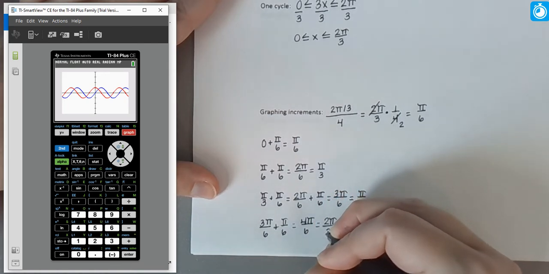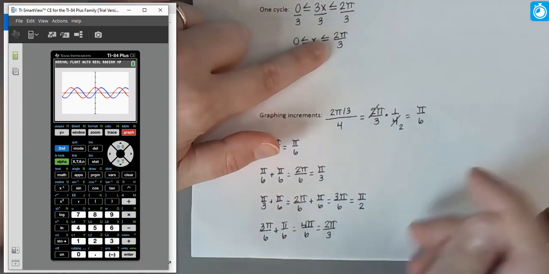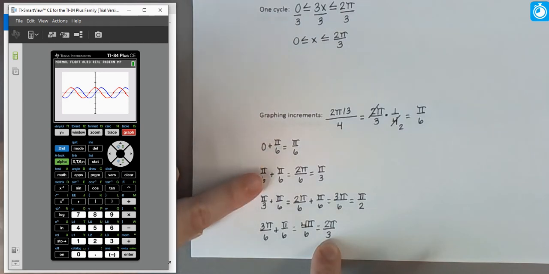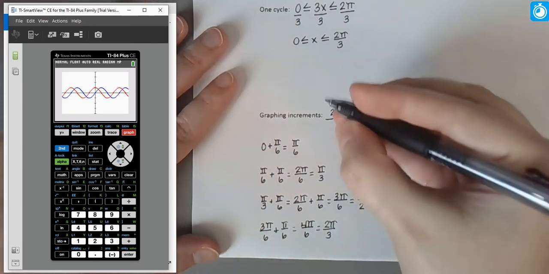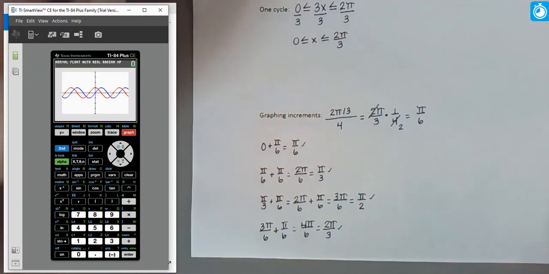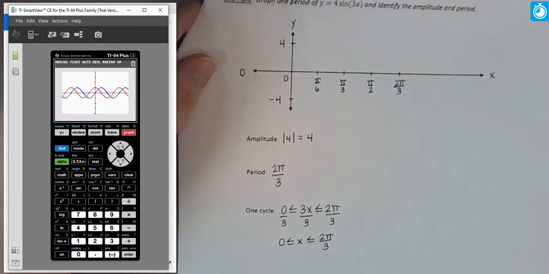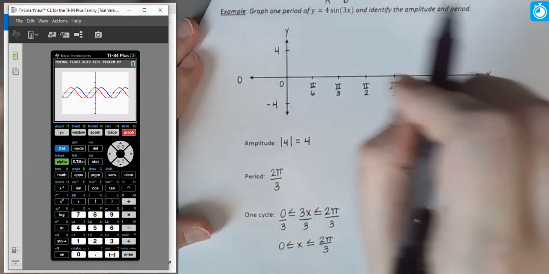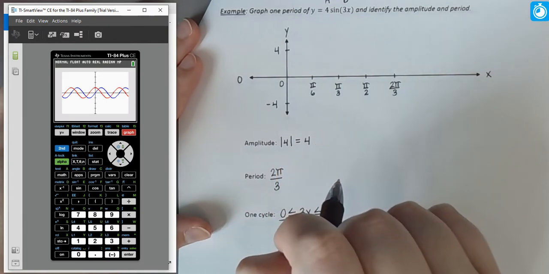In other words, 2 pi over 3, where our cycle is supposed to end. So if you need to work it out algebraically, which sometimes will be beneficial, this is how you can do that. So that means these 4 values are going to be the labels for our tick marks, as we've already seen. So once I have everything labeled, everything has been taken care of.